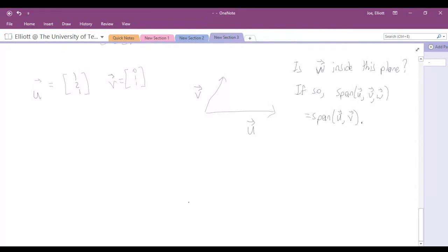Otherwise, the picture will look something like this. Here's u, here's v, and then if you can imagine w sticking above the plane, for instance, like that. So w is outside the plane.